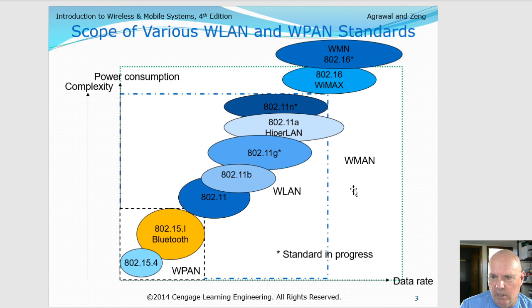Going along with the size of coverage and the number of mobile stations that they support, increased complexity, increased power consumption, but also increased data rate come along with these different standards that have developed.